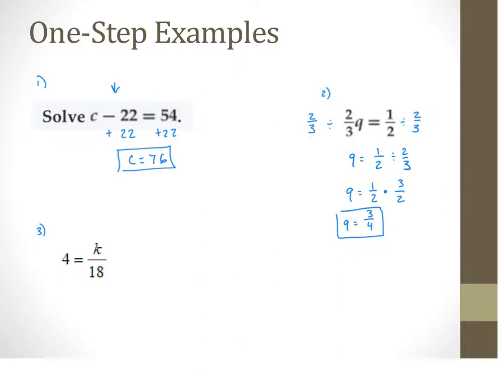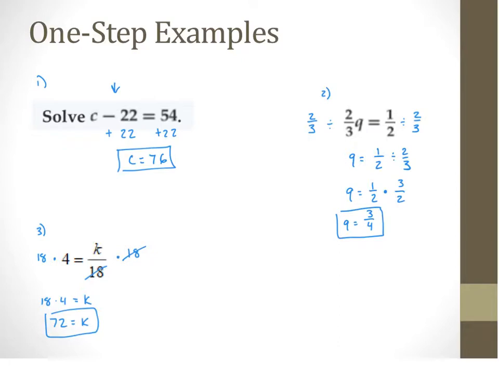So if we have k divided by 18, then we need to multiply both sides of the equation by 18. This is going to cancel it out, and we have 18 times 4 on this side is equal to k. When we simplify this side of the equation, we have 72 is equal to k, and now we're done.